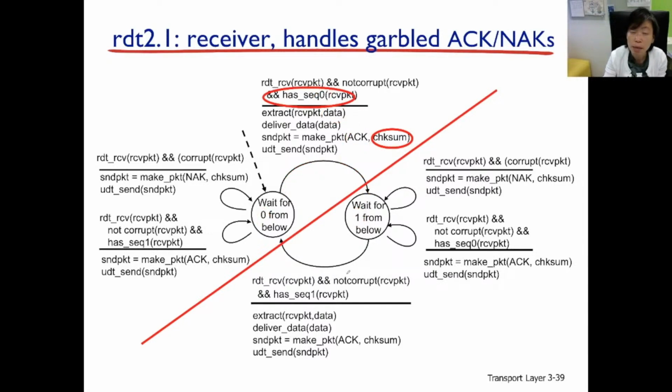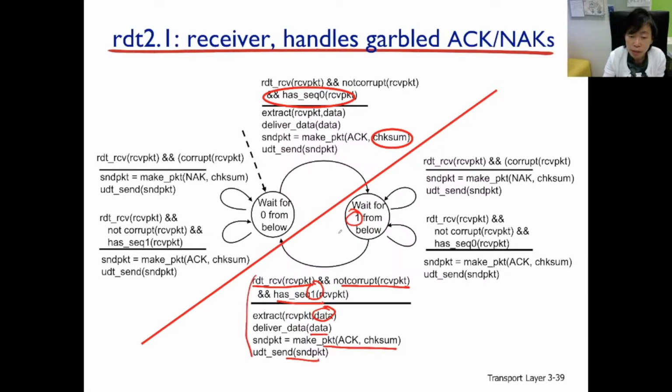Similarly, we'll be getting a packet from below, receive RDT, not corrupted and carrying the expected sequence number 1. Cool, happy again. Extract data out of the packet, pass it up to the application layer, generating an ACK with checksum, send it back.